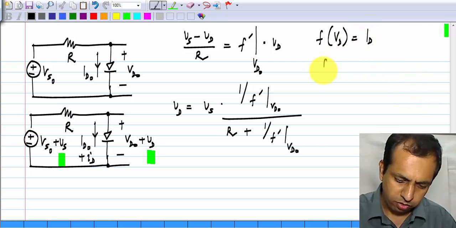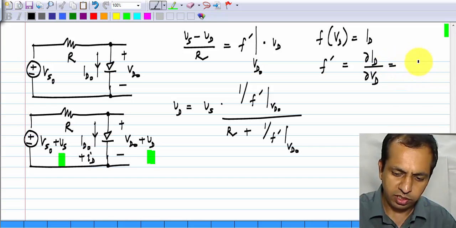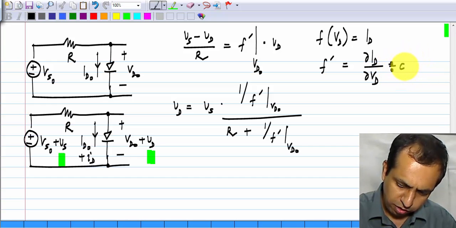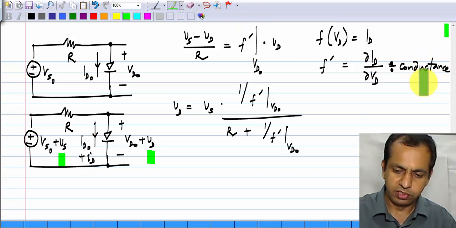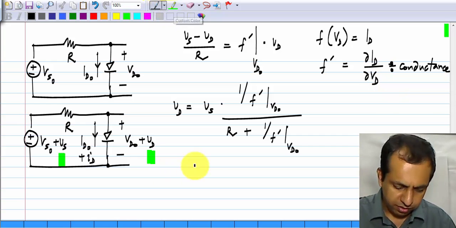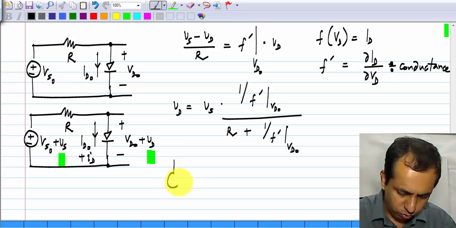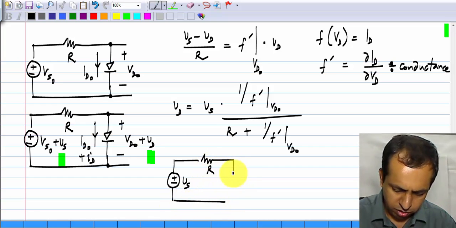Now, f prime is nothing but the derivative of Id with respect to Vd, which has dimensions of conductance, and the reciprocal of this is a resistance. So, essentially it appears that the incremental quantities can be found from this circuit. I have not derived this, I am just putting down this circuit.